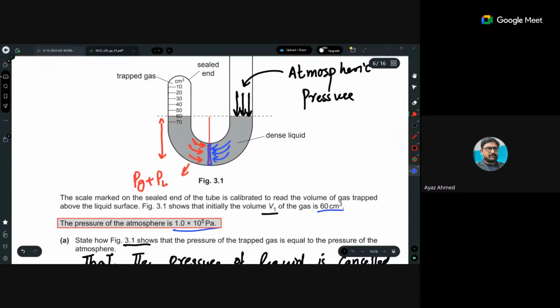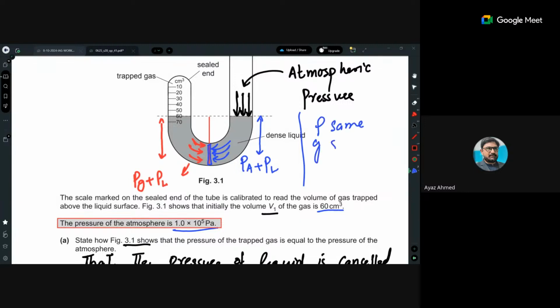And over here, the total pressure is pressure of atmosphere plus pressure of the liquid from this side to this side. You know, density is same, value of g is same, and height is same. So does it mean that the pressure of the liquid is same on both sides? Is it not?